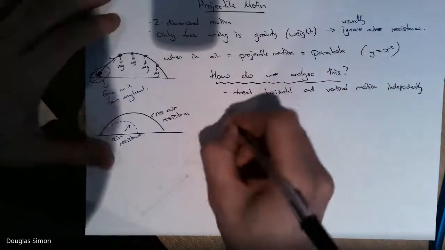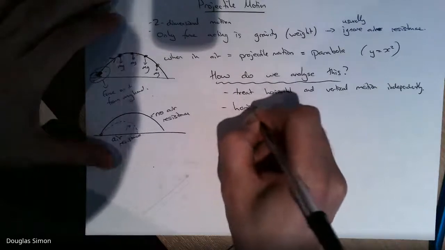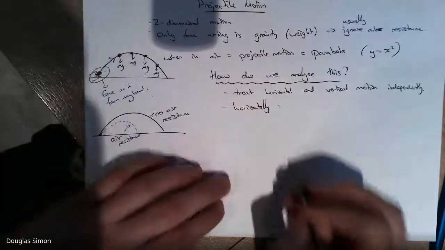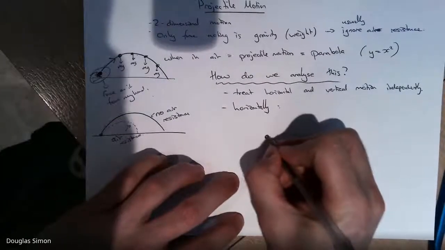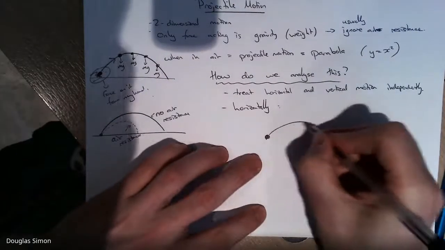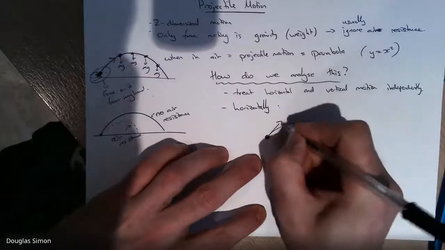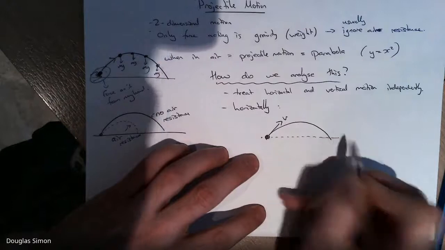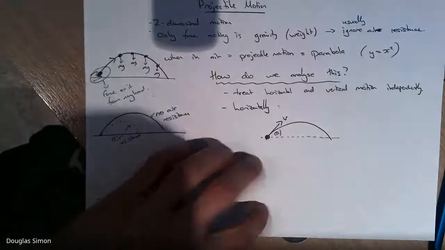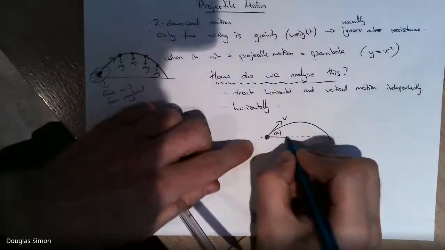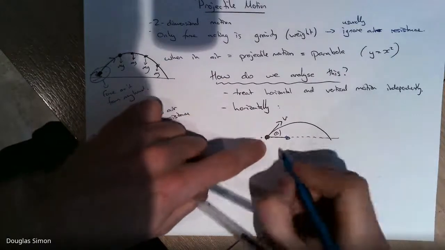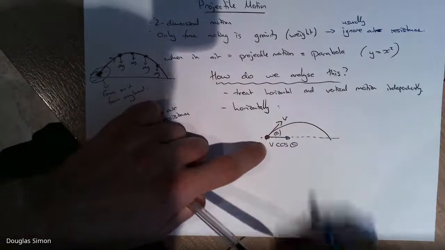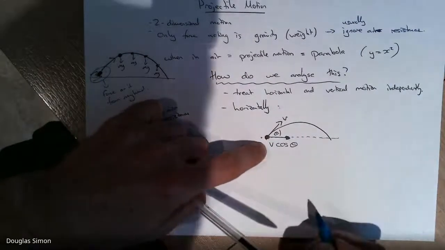So horizontally, what do we know? Well, let's redo our sketch. Horizontally, it's going this way. So it's going to have a speed of v cos theta. We want the horizontal component of the speed.